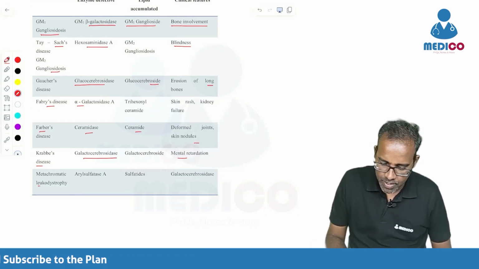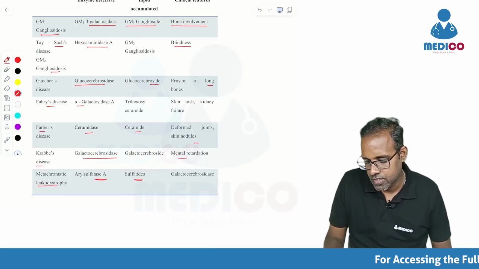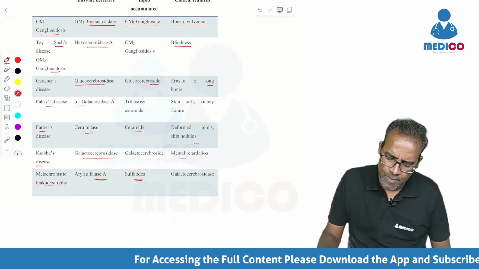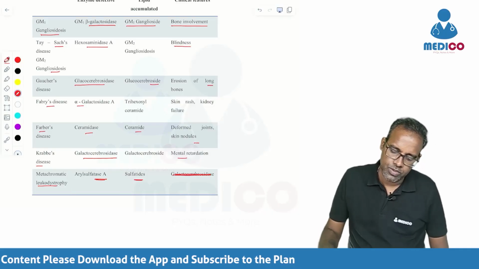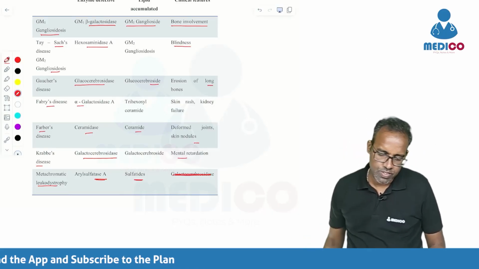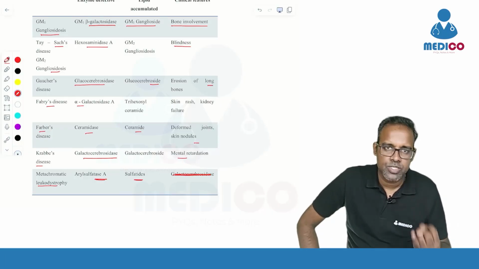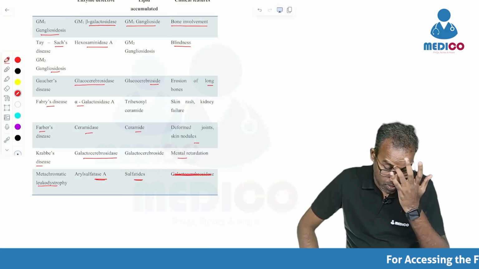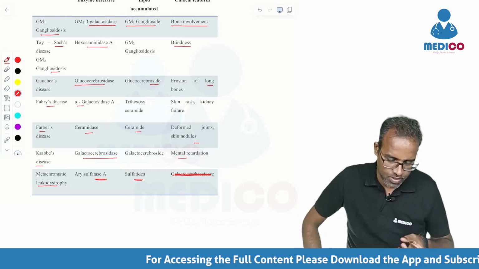Metachromatic leukodystrophy is caused by a defect in the enzyme aryl sulfatase A. It causes accumulation of sulfatides, again causing mental retardation. So these are the various mucolipid storage disorders: Tay-Sachs, GM1, Gaucher's, Fabry's, and Krabbe's, and metachromatic leukodystrophy, which is caused by a different enzyme, aryl sulfatase.